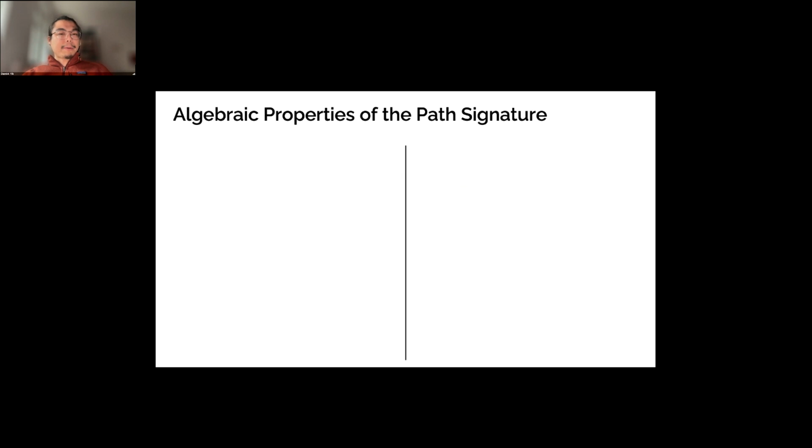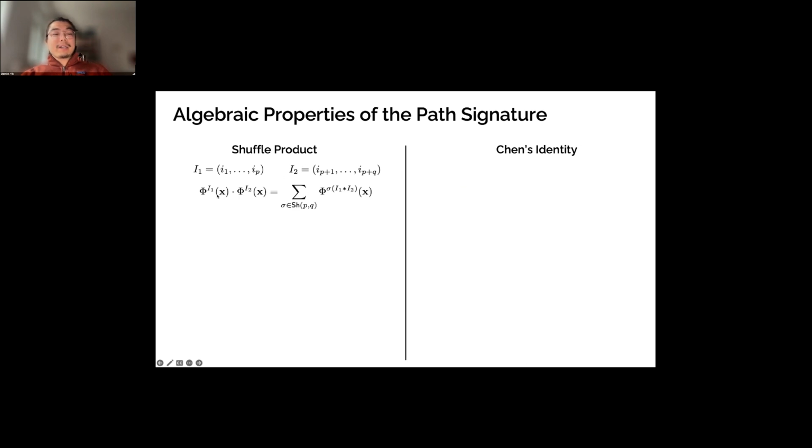There are also some algebraic properties of the path signature. There are two different ones: the shuffle product and what's called Chen's identity. What the shuffle product says is that if we have two different terms of the path signature, let's say indexed by I1 and I2, then the product of these signature terms can be written as a linear combination of higher order terms.